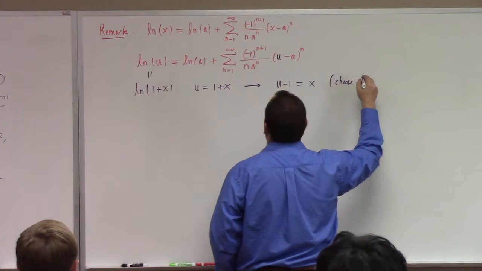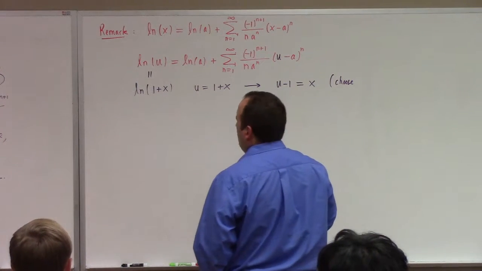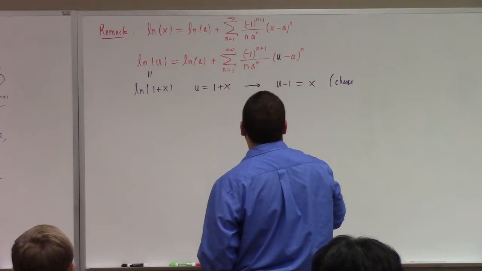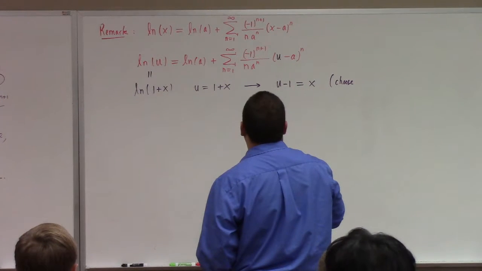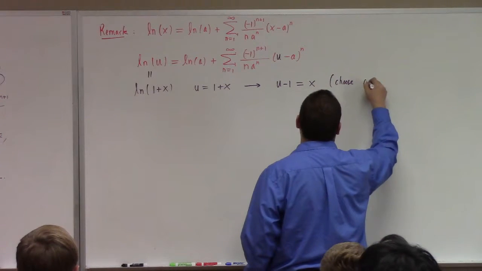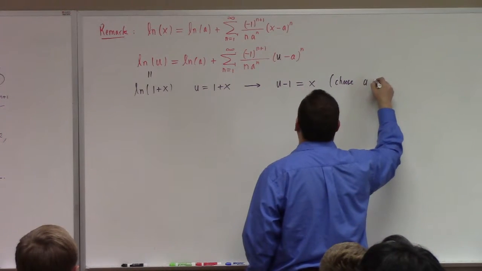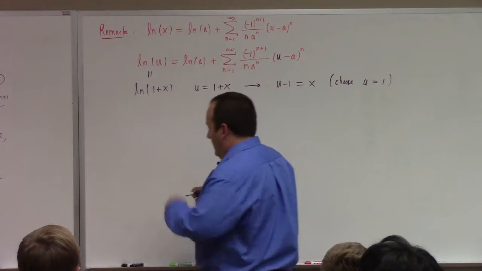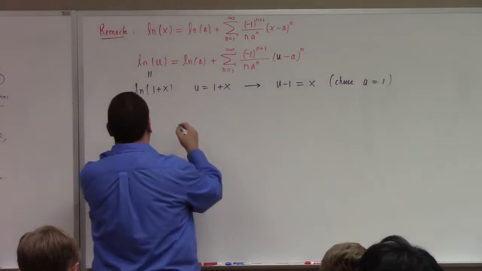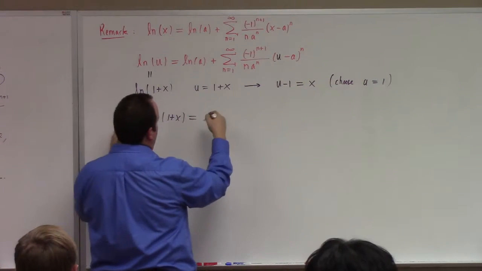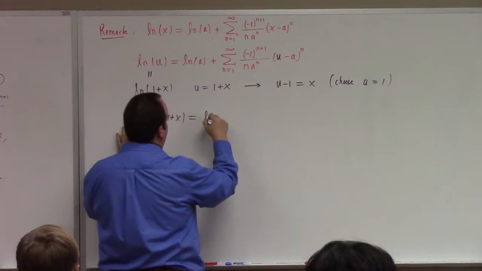Looks like I should choose a equal to 1, right? Excuse me, and then that gives me log of 1 plus x equals to what? Log of 1, which is 0, right?